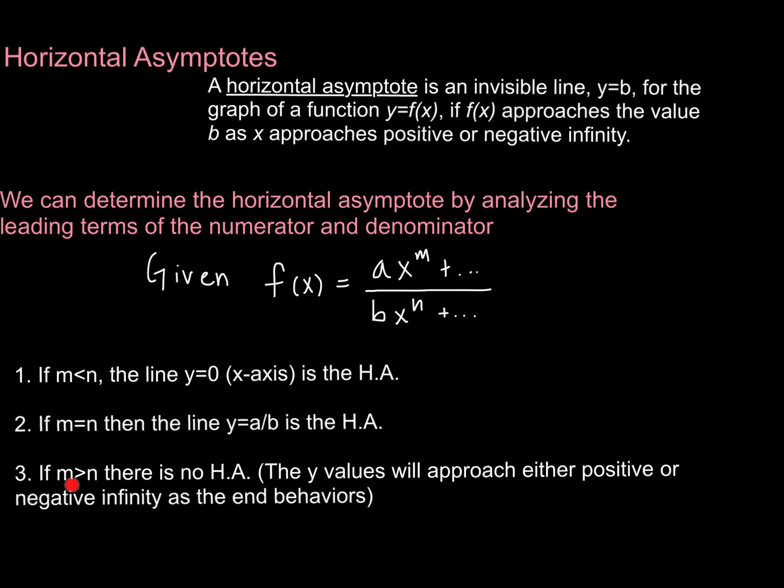And if m is greater than n, we saw that in the third example, there is no horizontal asymptote, right? The y values will approach either positive or negative infinity as the end behaviors. All right, so there will be no horizontal asymptote there. And those are the only three options. Okay, so it's pretty straightforward. All right, so you might want to take a second to digest this, really make sure you understand it, and then go ahead and press play, and we'll take a look at applying these in a couple of situations.